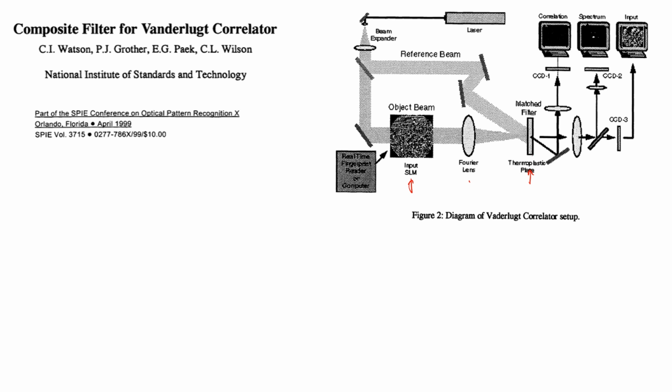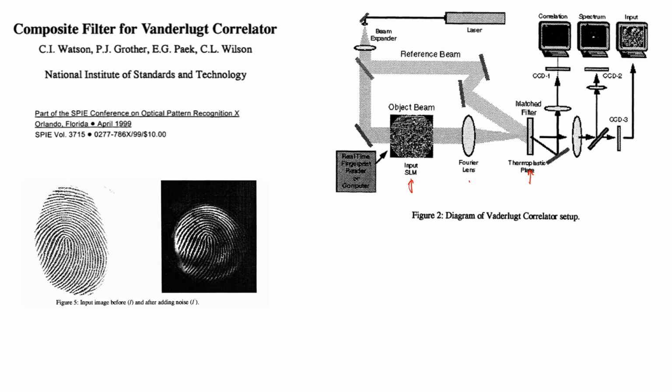And then if you Fourier transform that again, the product of two Fourier transforms is the convolution, so you can build a filter to operate on the input beam. And here, this filter is observed through several different paths, which allow a detection of the input, the spectrum, and the correlation, which you could use in signal processing.